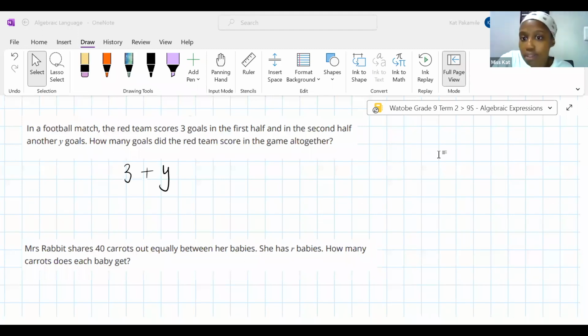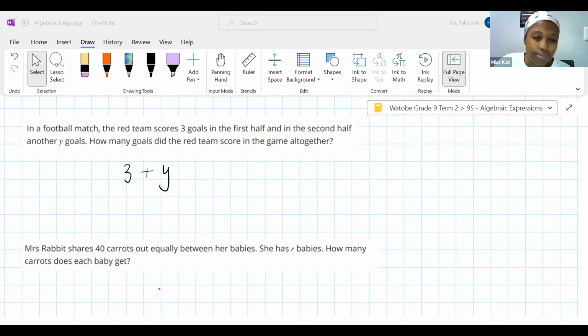Did you do the second one? Sia? Okay, Mrs. Rabbit shares 40 carrots out equally. So sharing, I think it's subtraction.